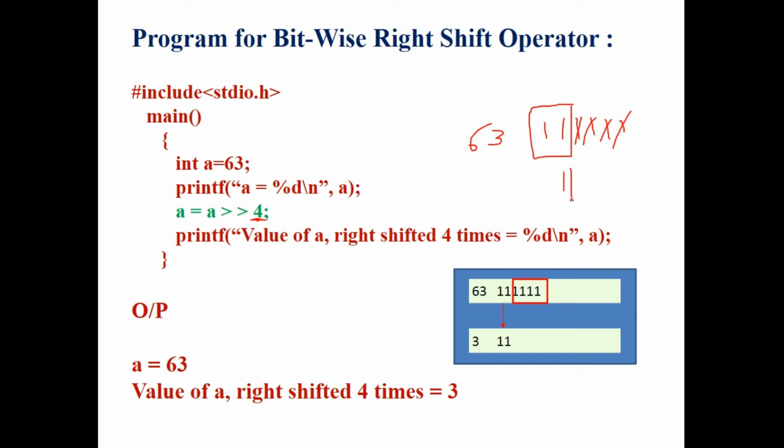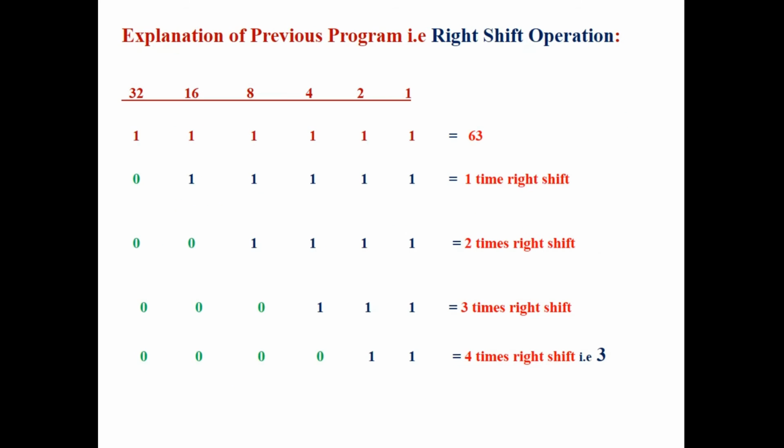So that is 11, and 11 is the binary representation of the number 3, so you will get the result as 3 when you shift your 63 binarily by 4 bits.